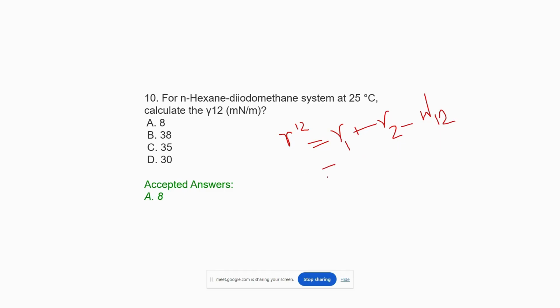So here again this 1, 2 is basically 2 into gamma 1 dispersion gamma 2 dispersion plus 2 into gamma 1 polarity gamma 2 polarity, and then it is the square root of this.